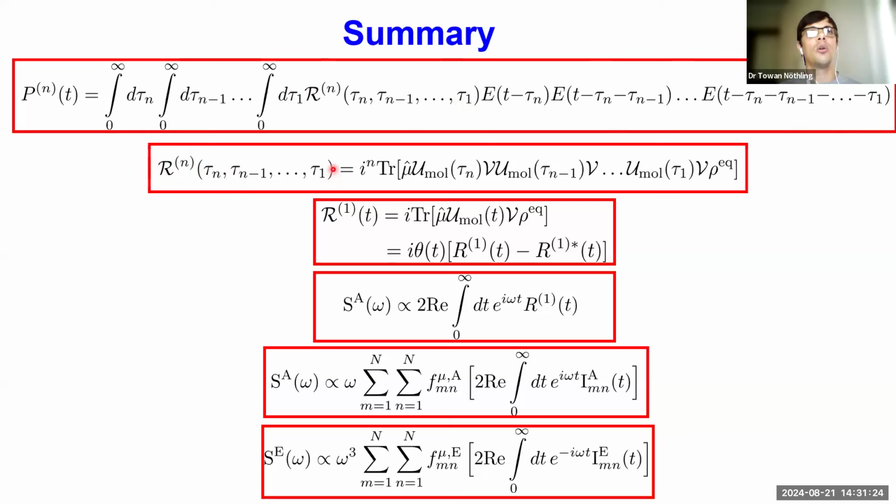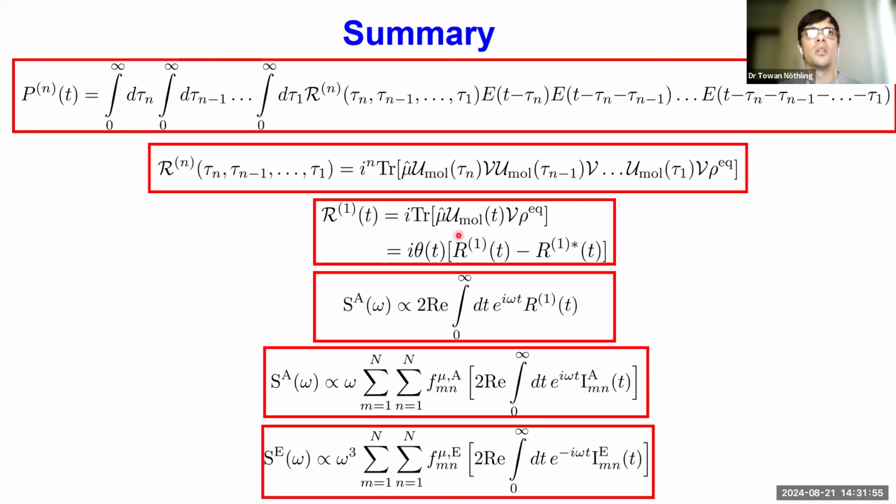The nth order response function can be calculated using this expression, which basically is iterative application of a dipole perturbation by light followed by evolution of the system, and then again a dipole perturbation by the light, evolution of the system. The linear response function can be calculated with this expression, which we can rewrite as this expression.